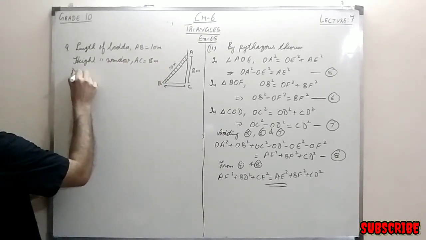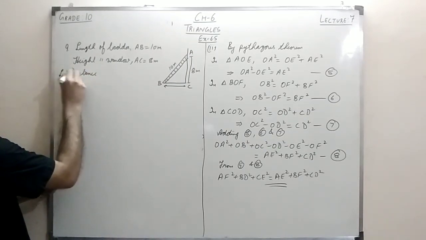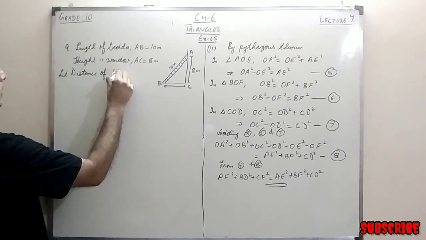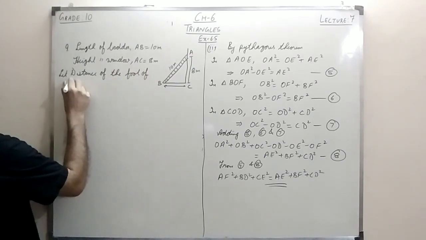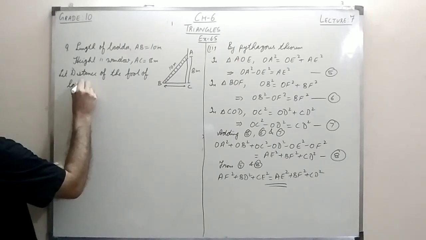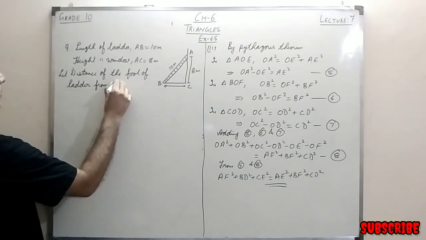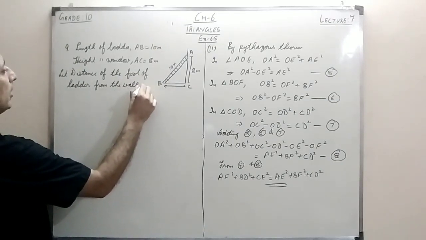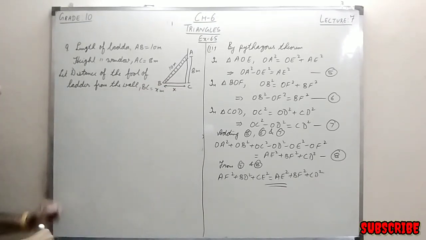Now let the distance of the foot of the ladder from the wall, BC, equal x meter. So I take this as x.